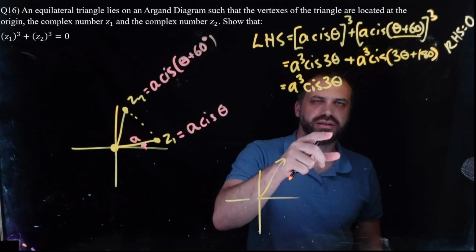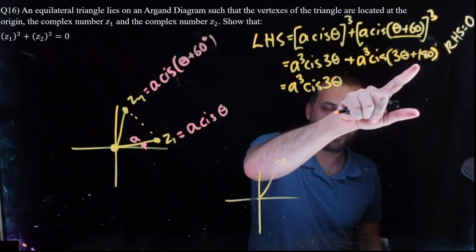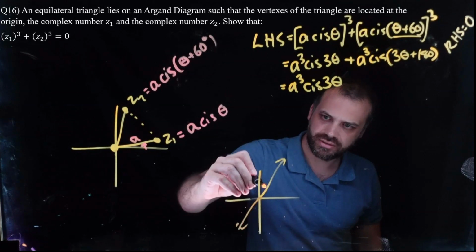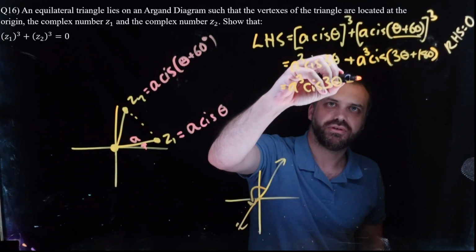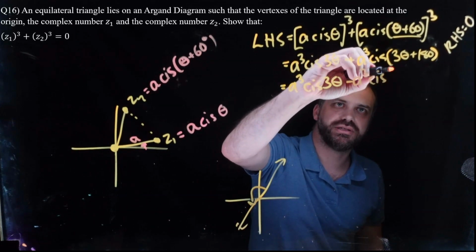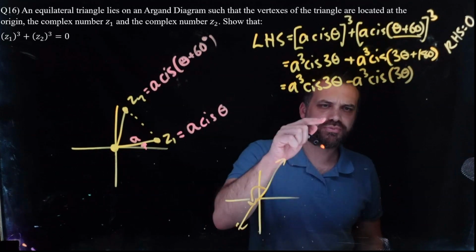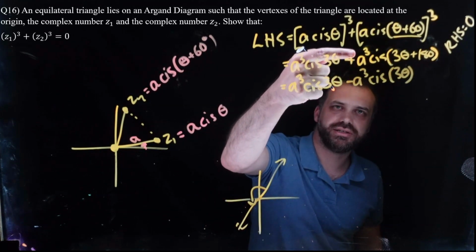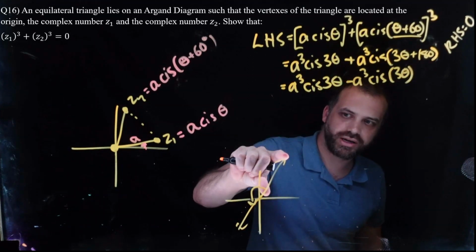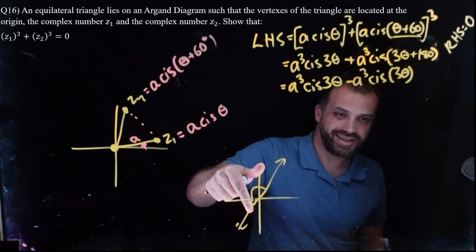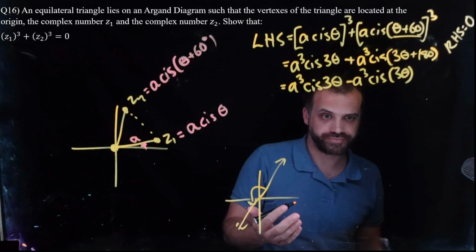That means that we can rewrite this complex number without the 180, just by making it negative. A cubed cis 3 theta. Hopefully you're seeing how I'm getting from this line here to this line here. A rotation of 180 degrees is the same as multiplying a complex number by negative 1.